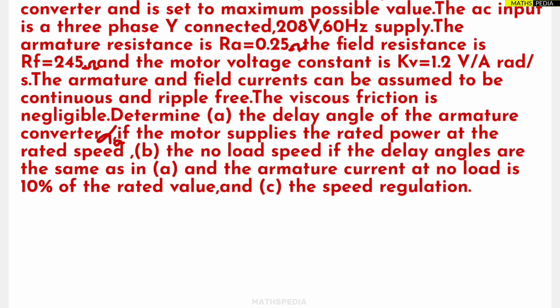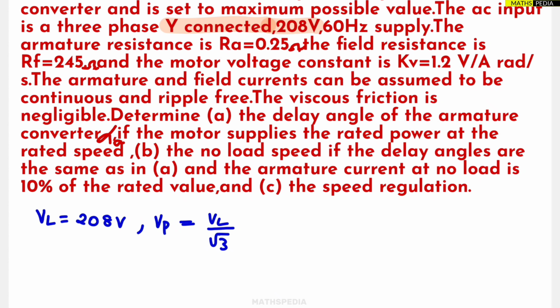It is given that the line voltage VL is equal to 208 volts. So the AC input voltage, star connected, is 208, and it is a three-phase supply. The line voltage is given, so we have to convert it to the phase voltage VP. For each phase the voltage will be VL by root 3.